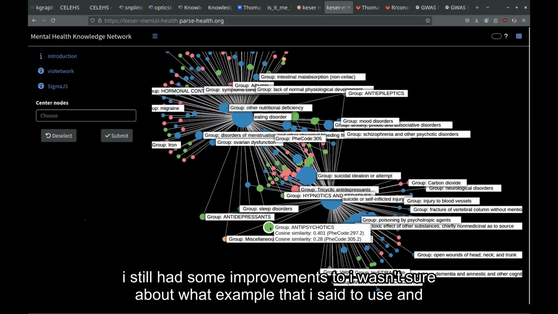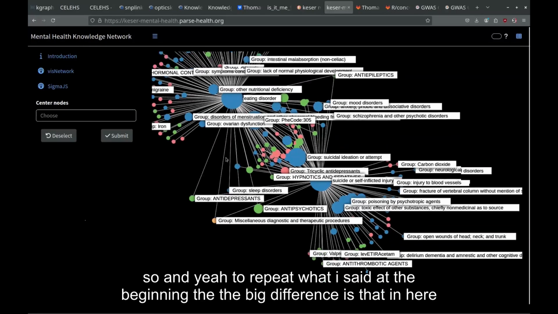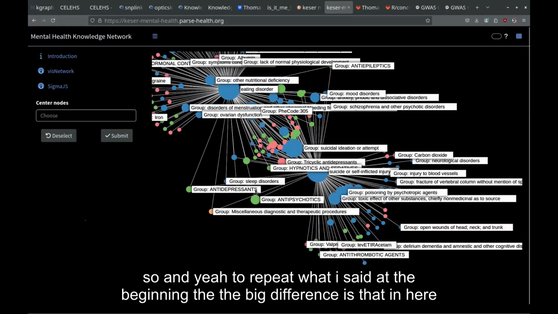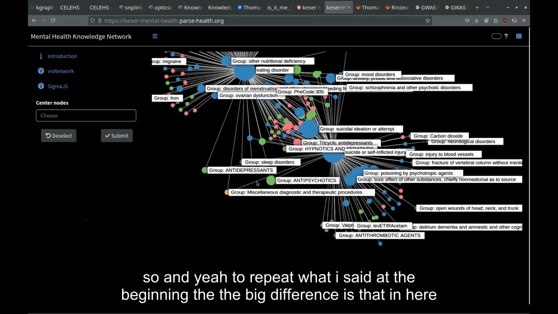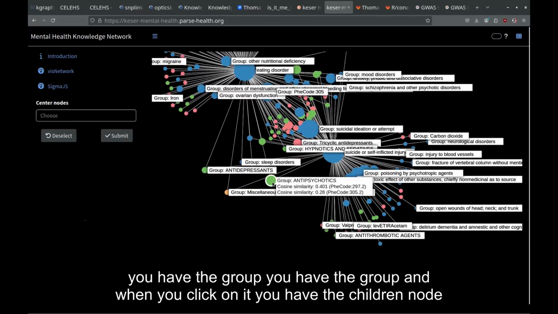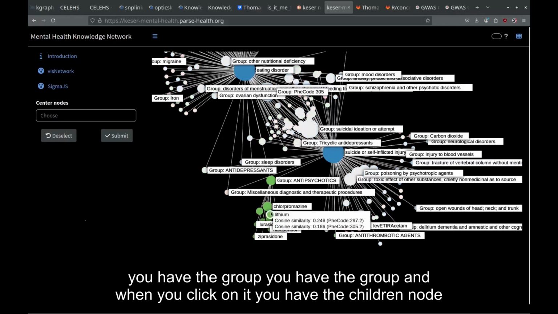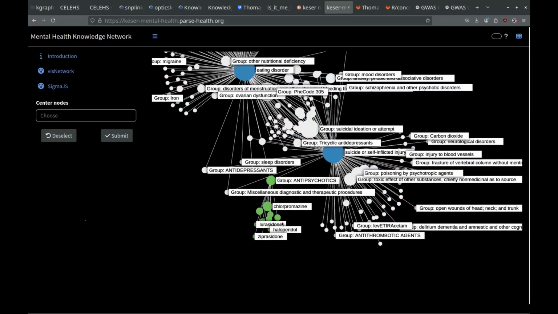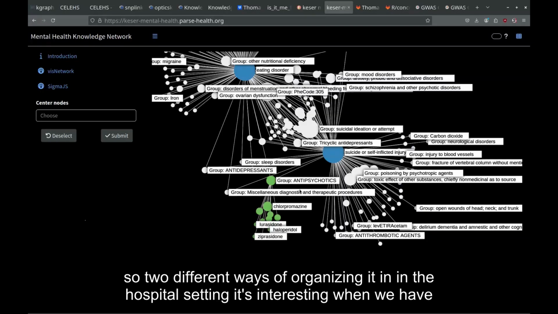I still had some improvements to make; I wasn't sure what example data set to use. To repeat what I said at the beginning, the big difference is that here you have the group, and when you click on it, you have the children nodes. So, two different ways of organizing it.